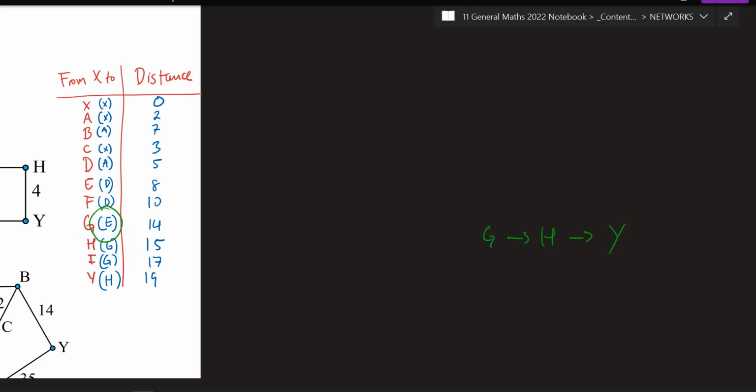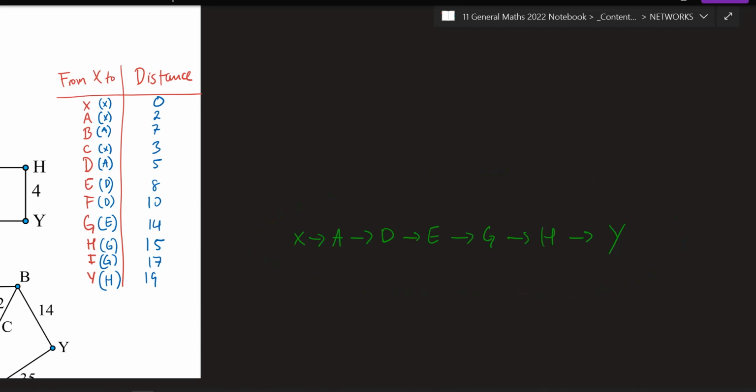Well, it was E. And what was before E? D. And what was before D? You had A. Before A, you had X. And there is the route for it.